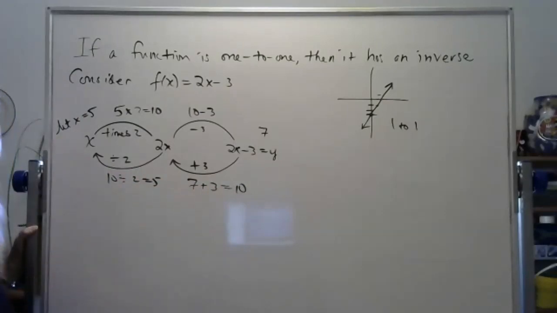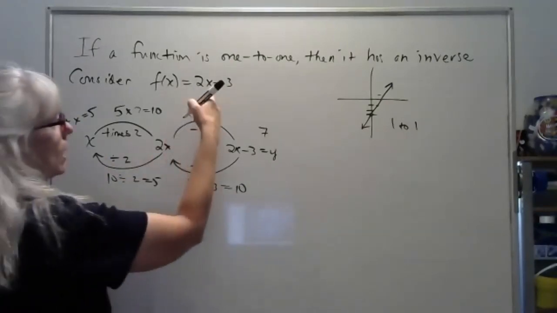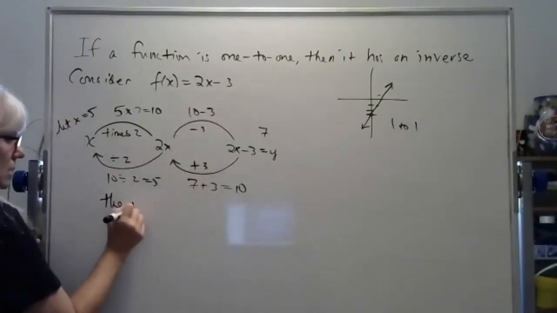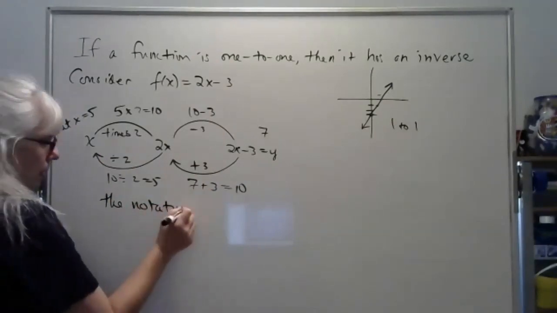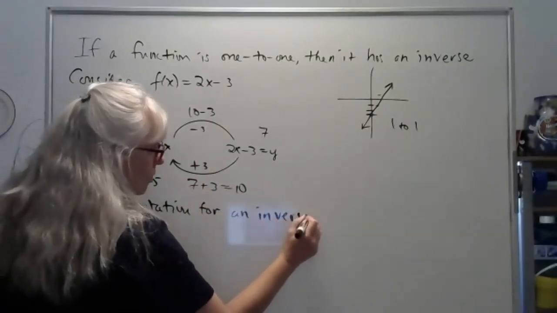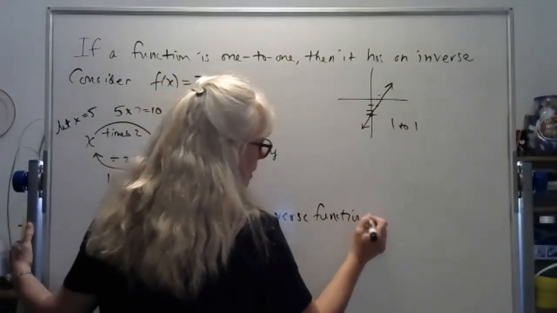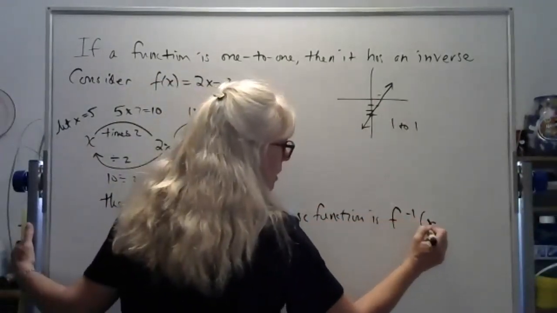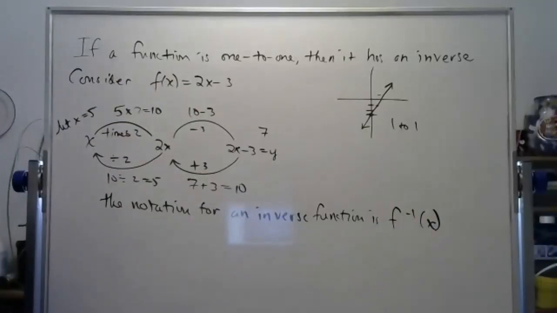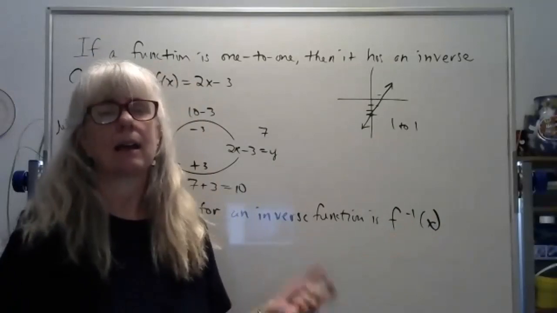So again, you start off with a naked foot at the beginning of the day. At the end of the day, you have a naked foot again. So that's what the inverse function does. The original function is what we call f of x. The notation for an inverse function is, and this looks a little strange to us, you're going to write the f for function, and then you're going to put a -1 up there as an exponent, but it doesn't mean a negative exponent.